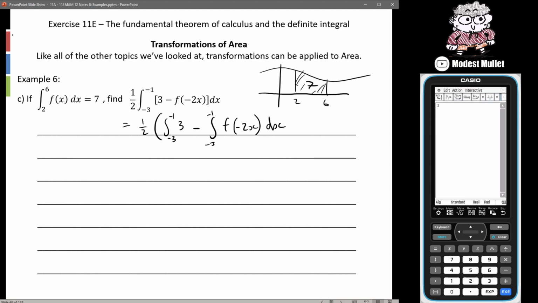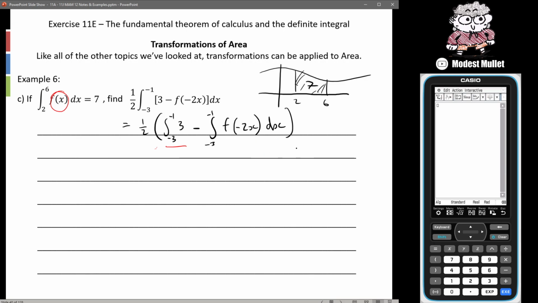There we go. Right. Okay. This first bit, oh, and I forgot to close the brackets. This bit here is as simple as just finding the antiderivative and substituting the points in, but this is a little bit more complex. Again, we need to think of what are the transformations that have been applied to f of x to now get this f of -2x.